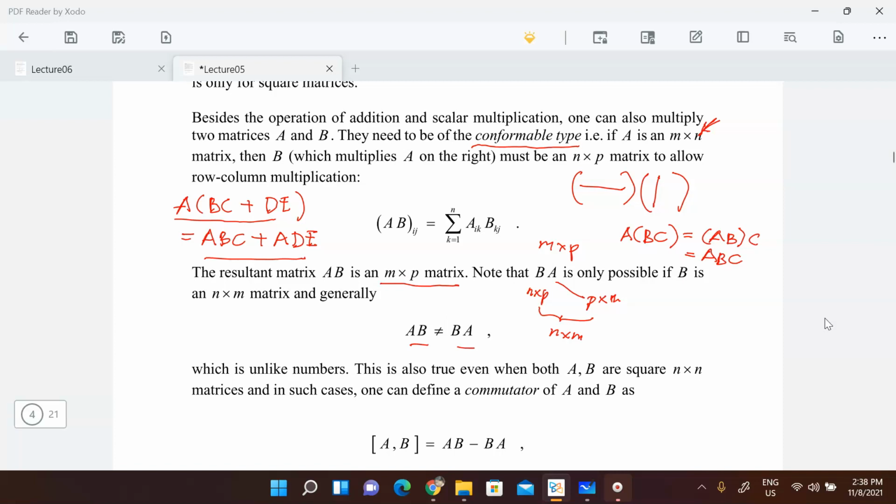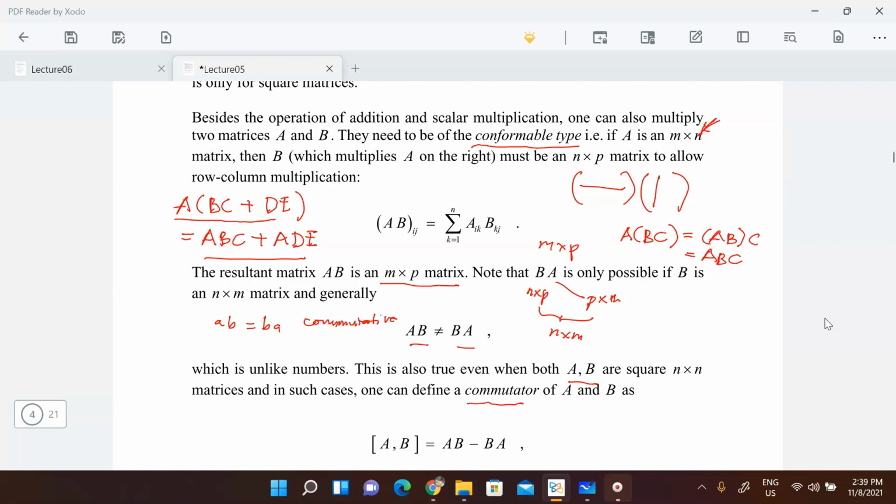Commutative means like numbers, for example: A times B equals B times A. This is what we call commutative. The product is commutative for numbers in general, but for matrices it is not. So generally when you have two matrices, one can try to find how the commutativity fails, and what is defined here is a commutator.